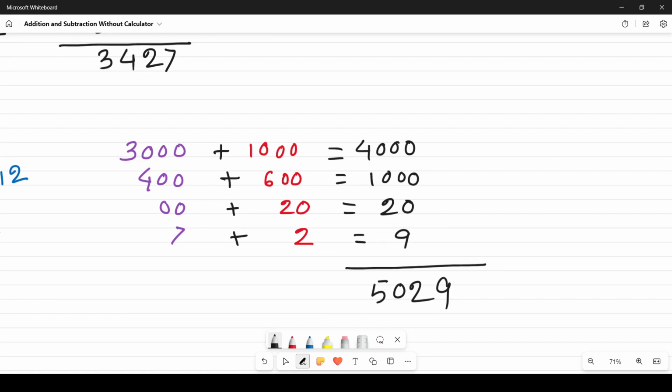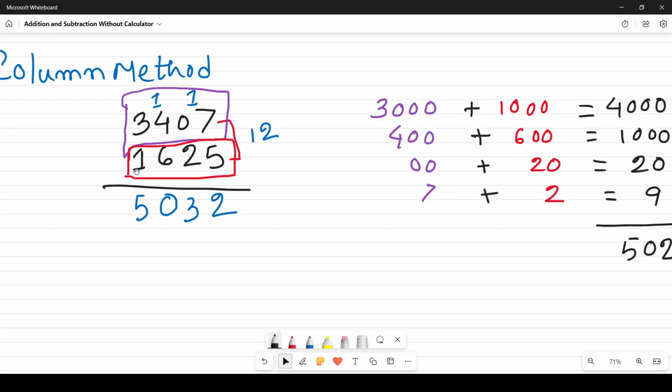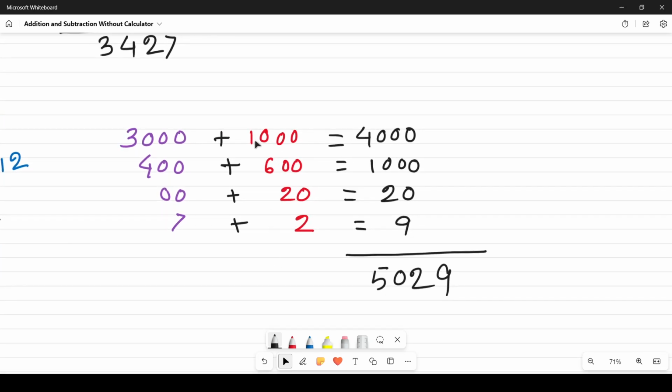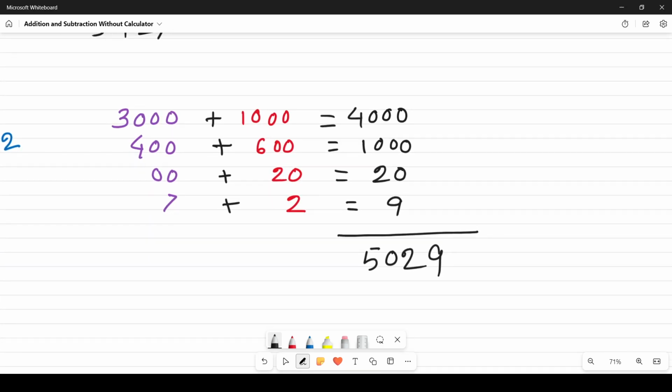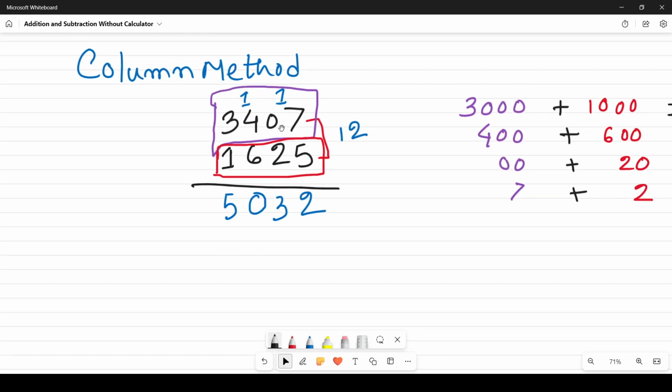Previously I had 1625 and here I have actually found 1622. If you add 1622 plus 3407, you will actually get 5029. So basically it's right. So this is called the column method, and you can use this column method to add large numbers and even to subtract large numbers.